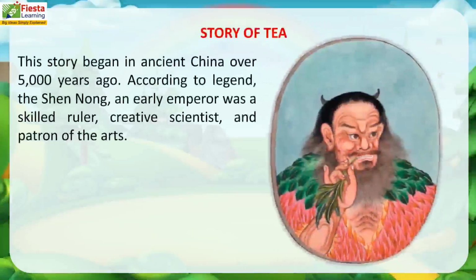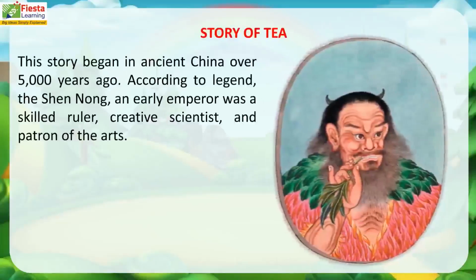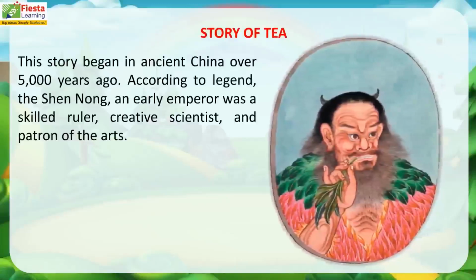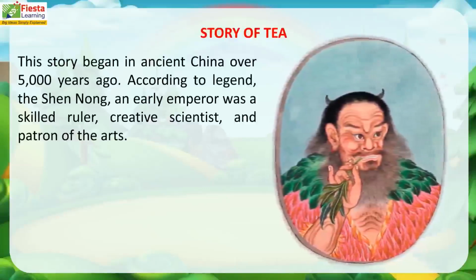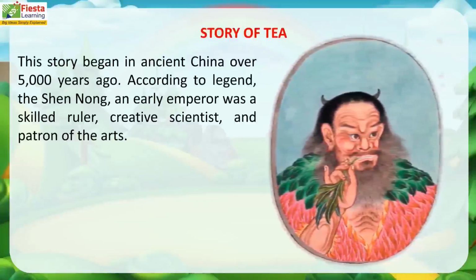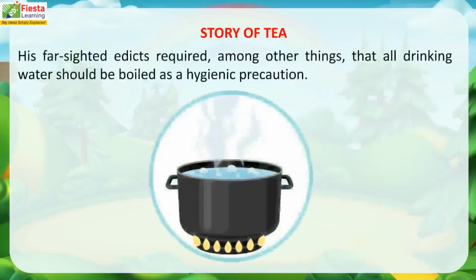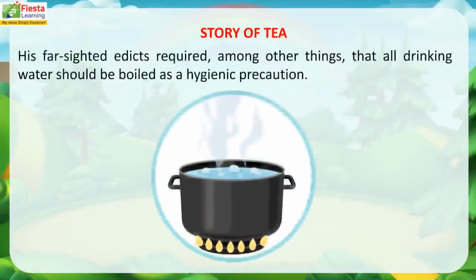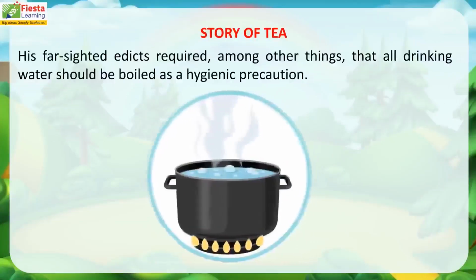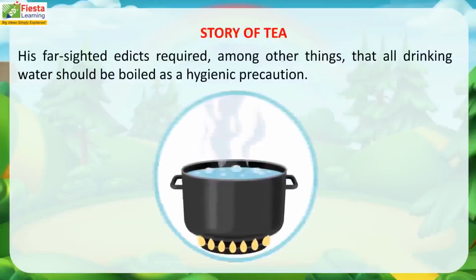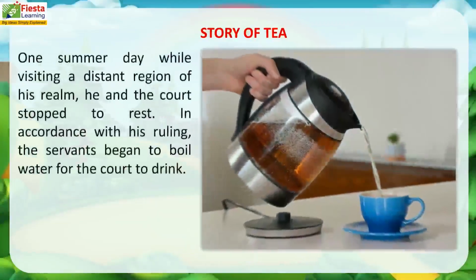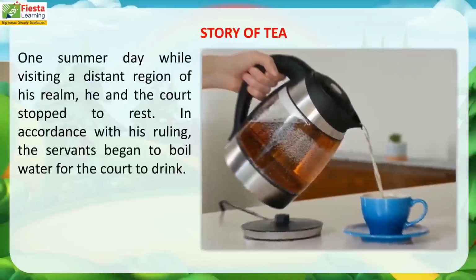Story of tea. This story began in ancient China over 5,000 years ago. According to legend, Shen Nong, an early emperor, was a skilled ruler, creative scientist, and patron of the arts. His far-sighted edicts required, among other things, that all drinking water should be boiled as a hygienic precaution. One summer day, while visiting a distant region of his realm, he and the court stopped to rest.